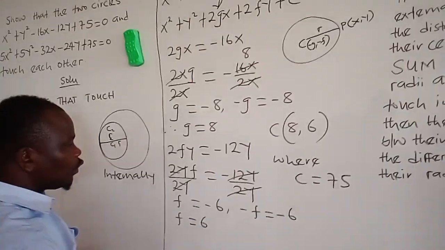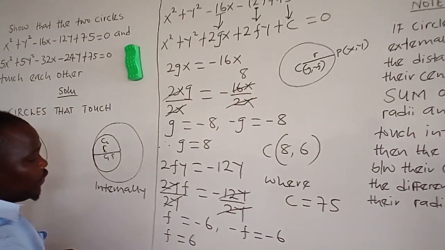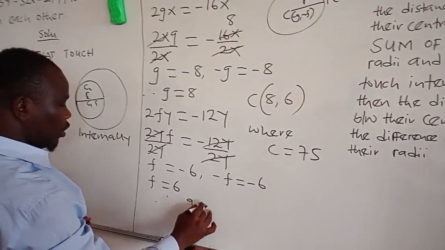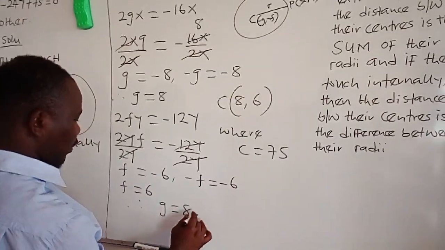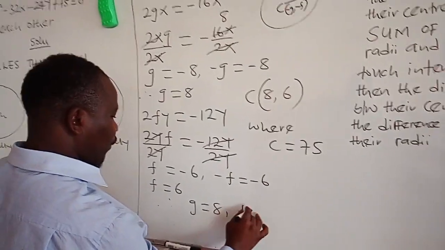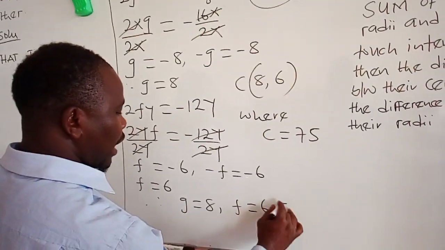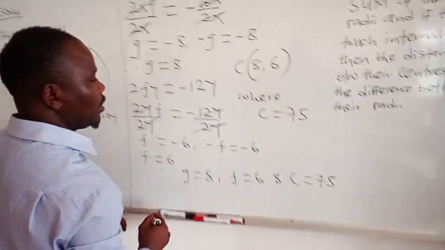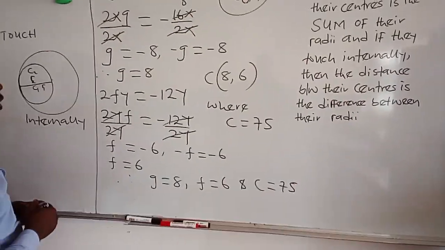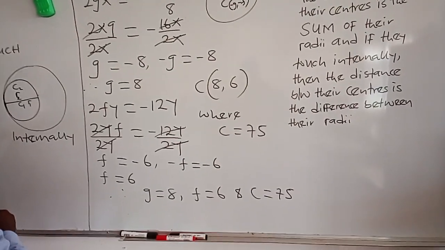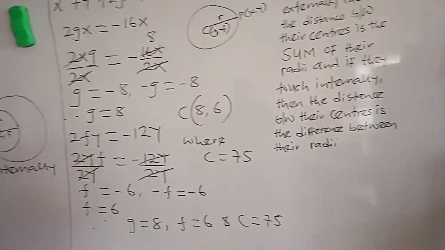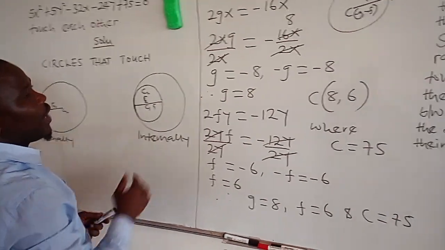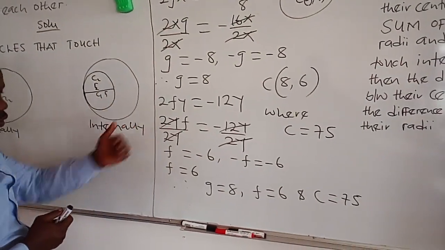Are you following? So if you agree with me, we now say, therefore, g equals 8, f equals 6, and c equals 75. Okay? So it implies that we are going to find the radius.